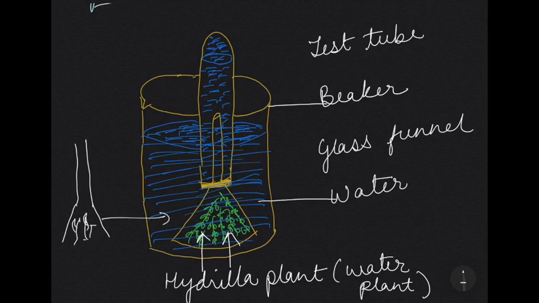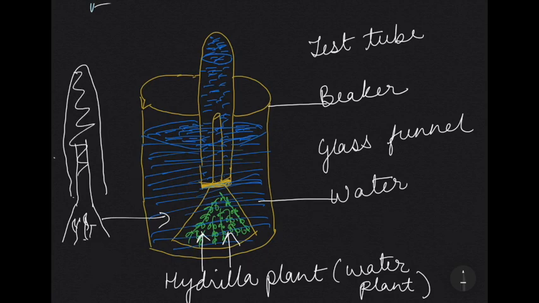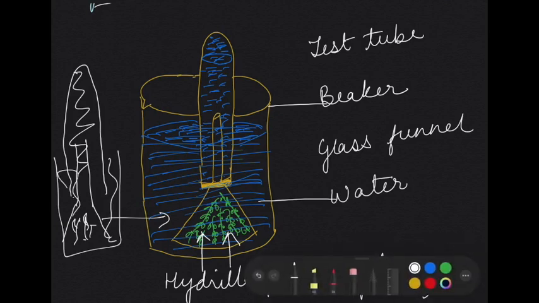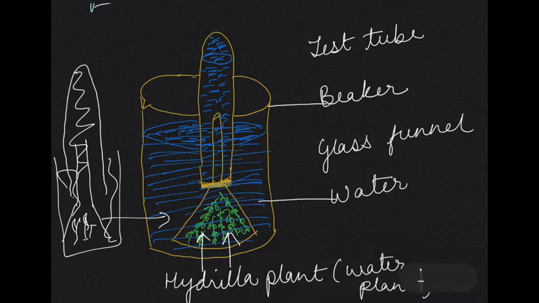You can see how it is done here. Then you take a test tube and invert it over the glass funnel and fill the entire setup with water. Now take this setup and place it in the sunlight.